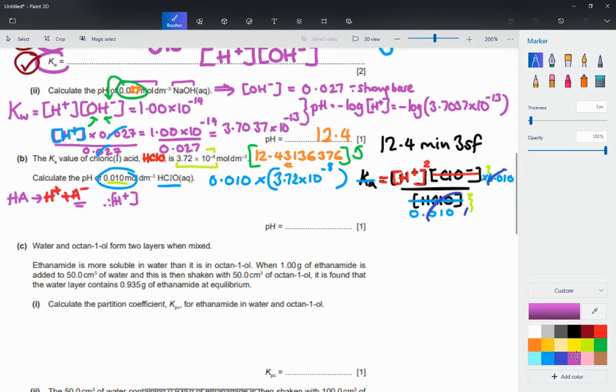To get the concentration. And I think you now know how to do the rest of this, because once we have the H plus, we can work out the pH from the expression that we picked up in part 1. This makes this a really good question. So let's square root this.